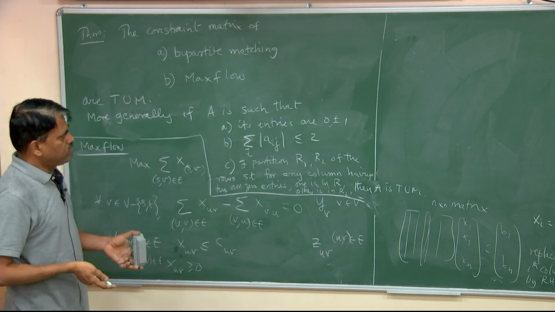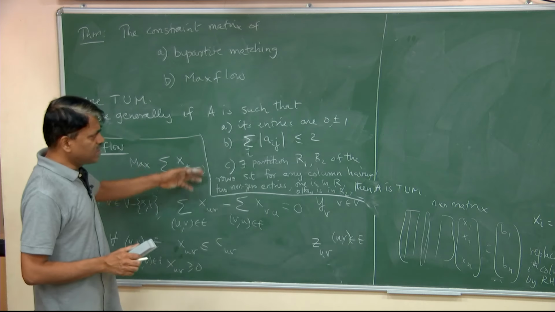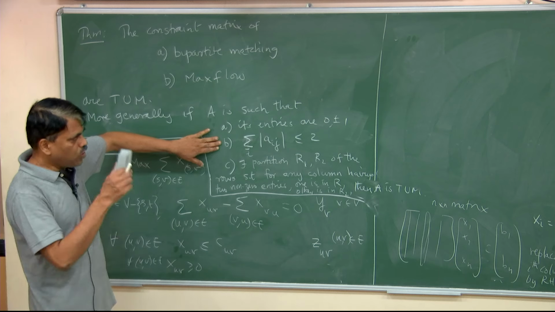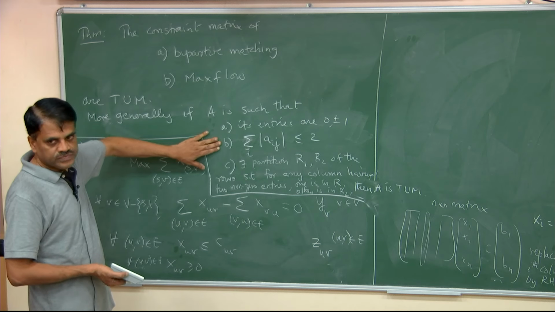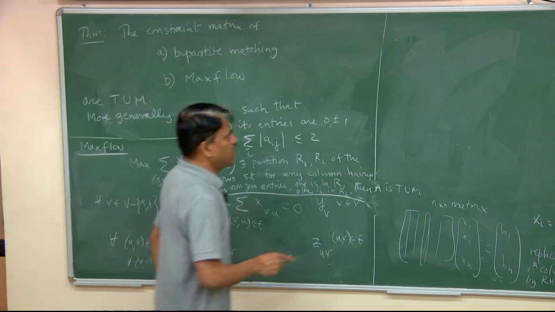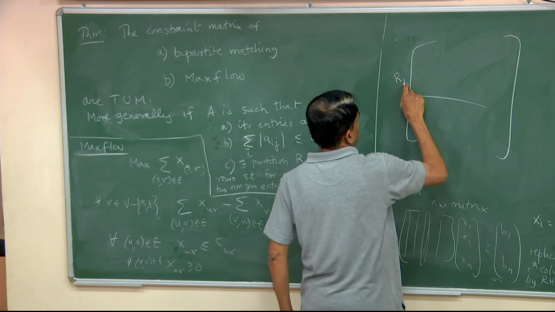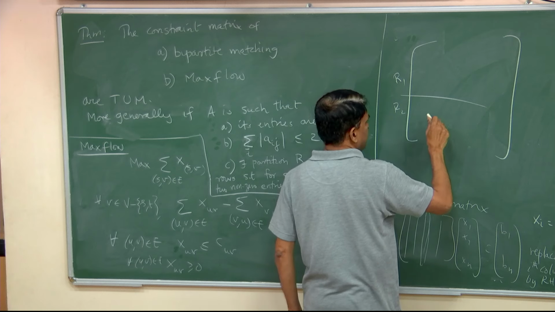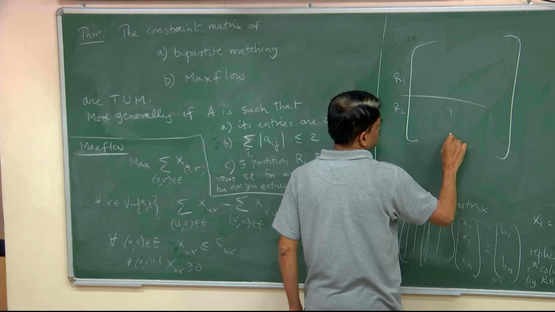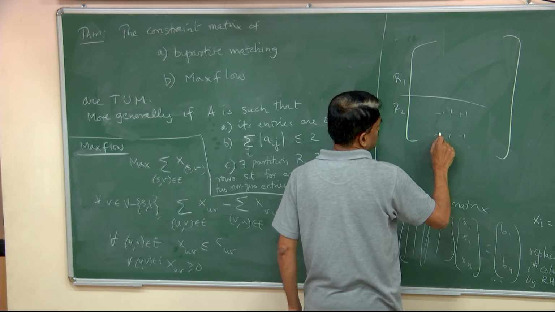Okay. What do I want to prove? So, is the statement clear? Entries are 0, plus or minus 1. Each column has at most two non-zero entries, and I have a partition of my rows into R1, R2, such that if you pick any column with two non-zero entries, they are not both here, and it could be 1, 1, plus 1, minus 1, or minus 1, minus 1, all of this.